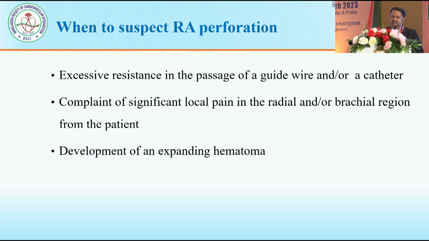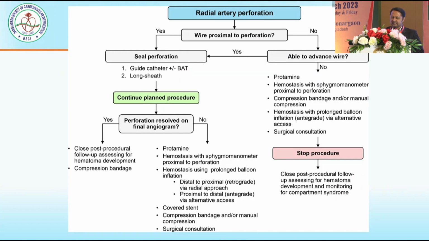Radial artery perforation is suspected with excessive resistance in the passage of guide wire or catheter, complaint of significant local pain in the radial or brachial region from the patient, or development of an expanding hematoma. Is the wire proximal to the perforation?